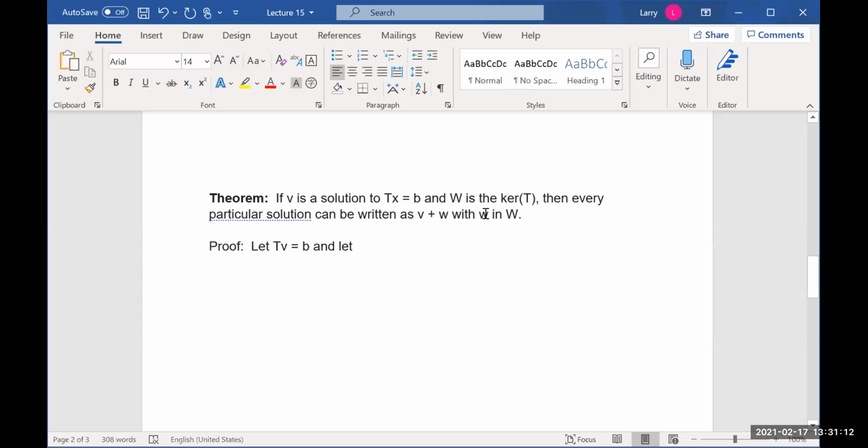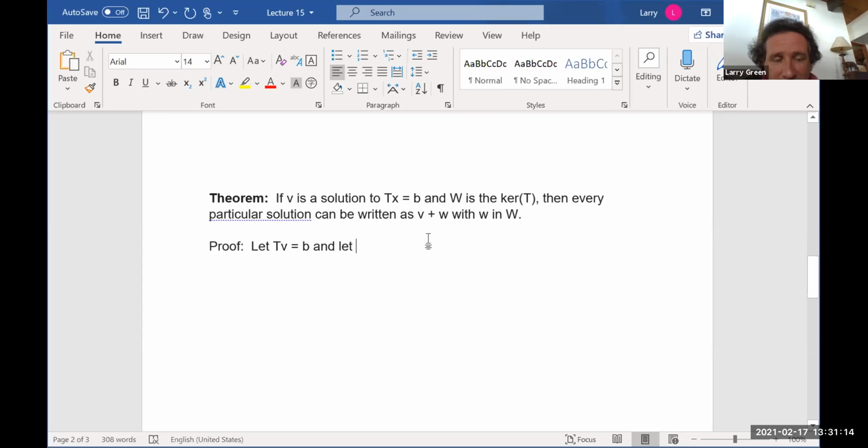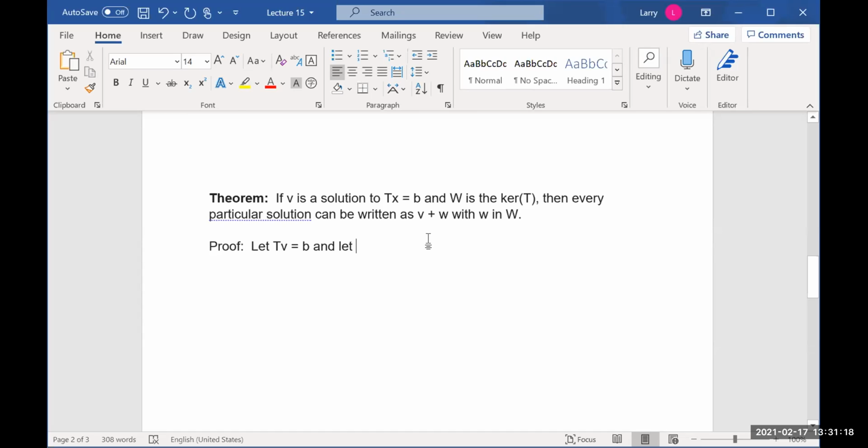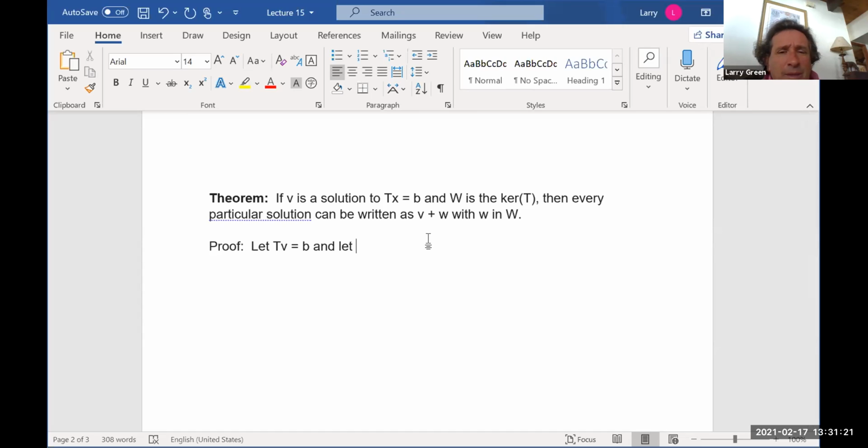What does it mean for little w to be in the kernel of T? There is a solution also. That's what it means to have a kernel. But what does it mean to be in the kernel? I know it's been a week. Do you remember?